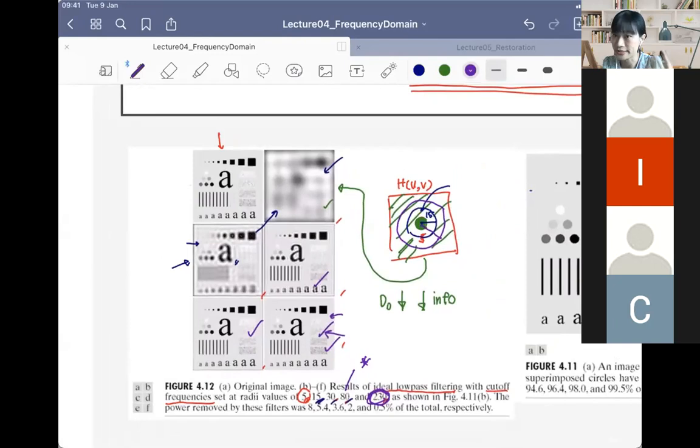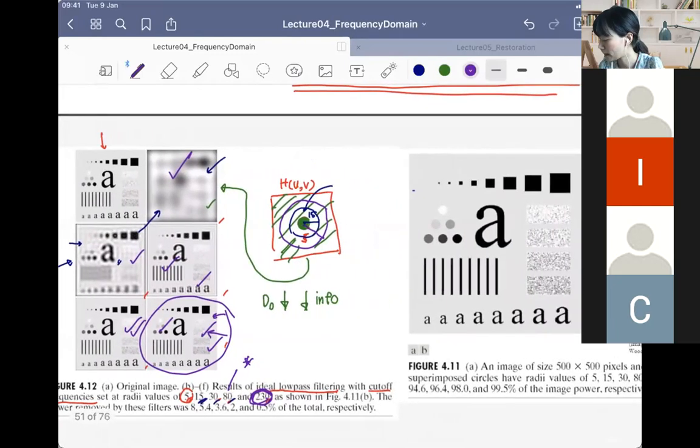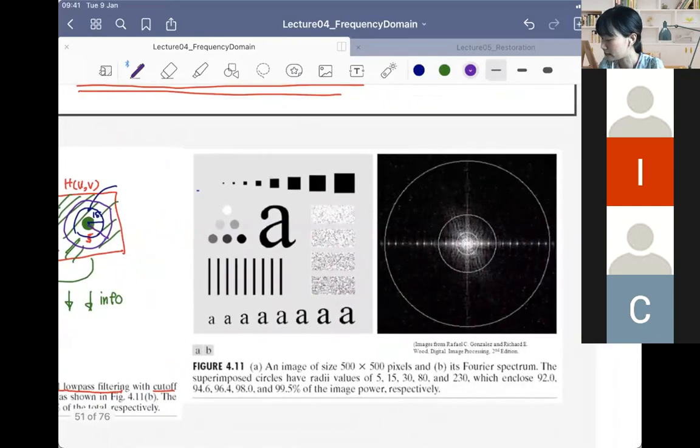So I hope you get some more idea about the frequency in an image. These are very low frequencies, and when you add a higher frequency, you nearly get the original image. And the circle is your design cutoff frequency.